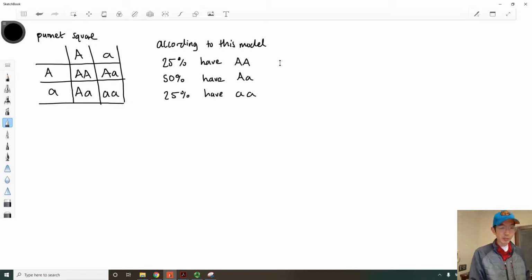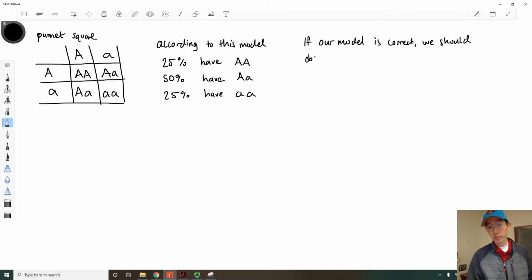So we should observe this in our sample of data, right? If our model is correct, we should observe these proportions in our data.